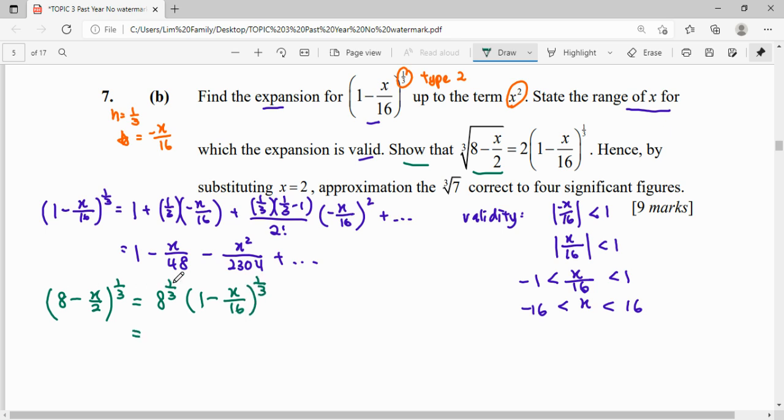And we simplify 8 power 1 over 3, which is cube root of 8, which is equal to 2. So this is how we manage to show our expression for cube root of 8 minus x over 2.